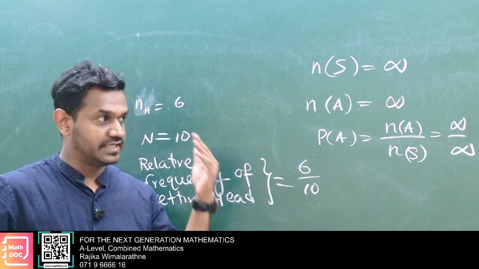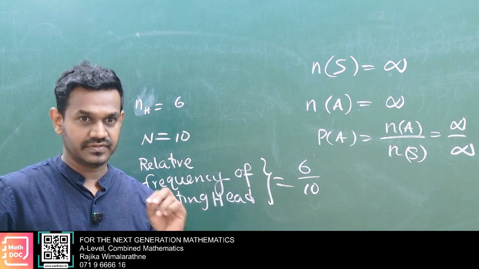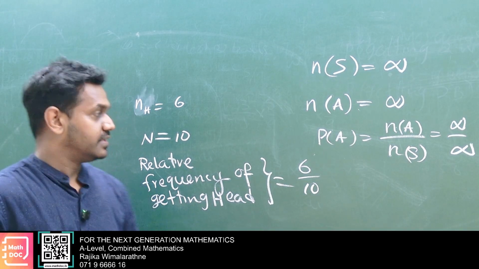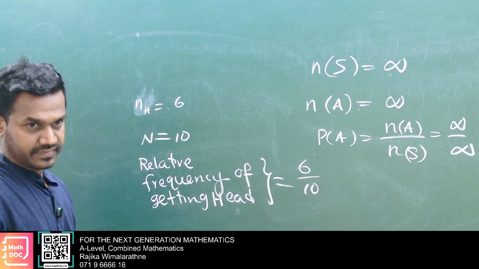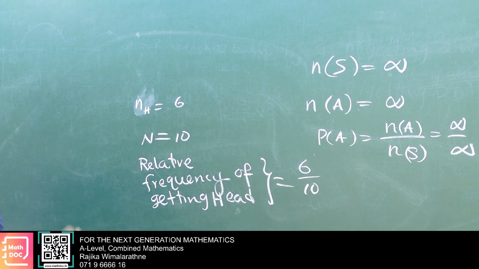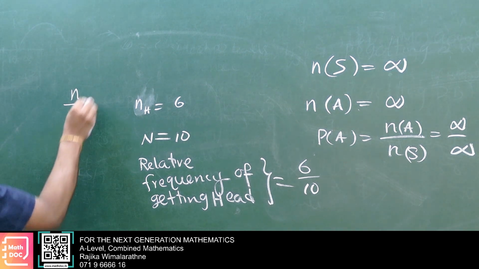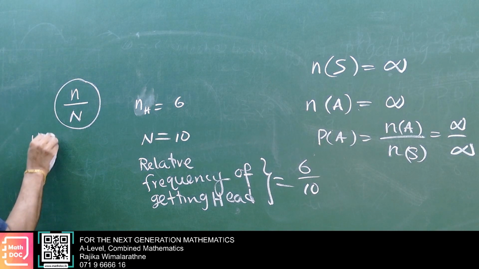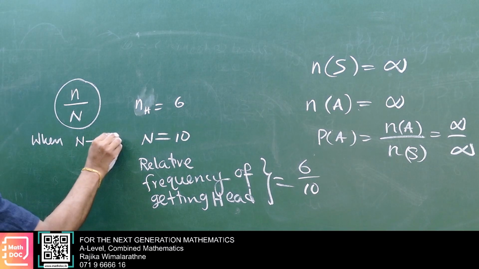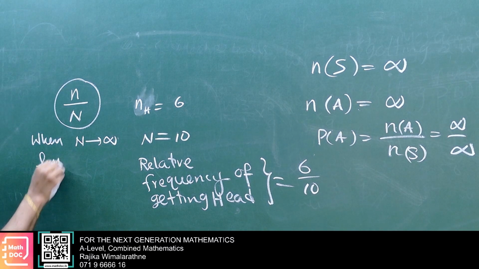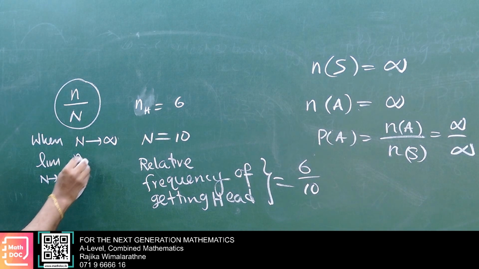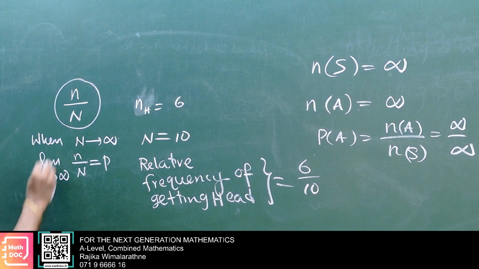In the previous case we did the event at once, no? Now here we have to do the same experiment several times. This is the relative frequency, and we denote it by n divided by capital N. When N goes to infinity, the limit of n divided by N, we say this is P(A).